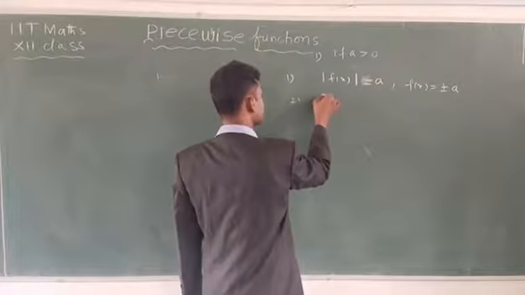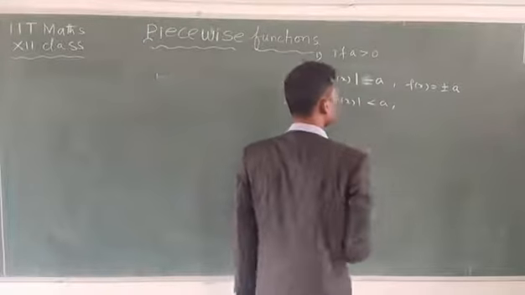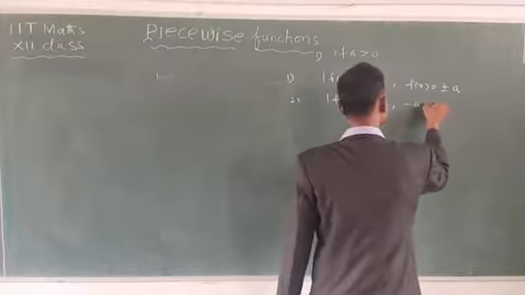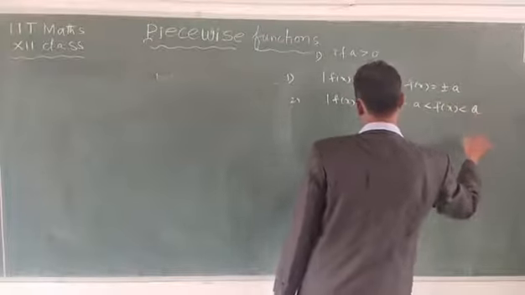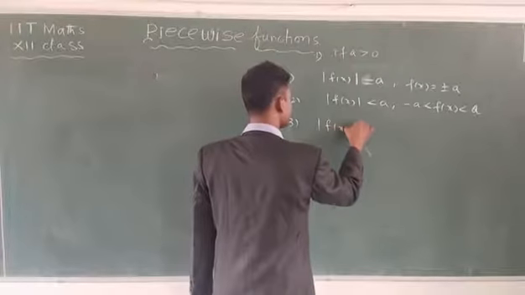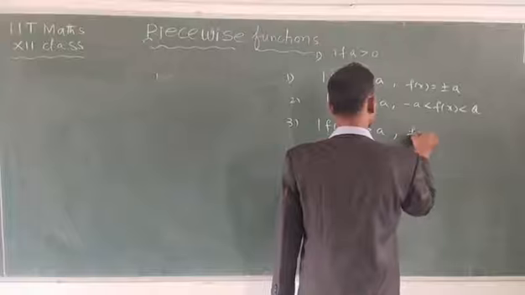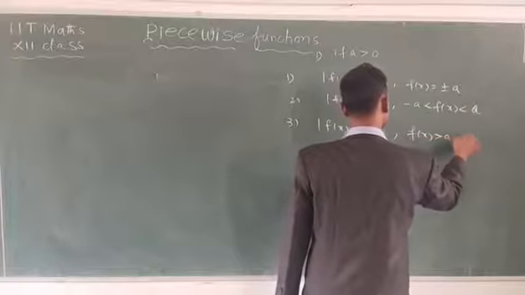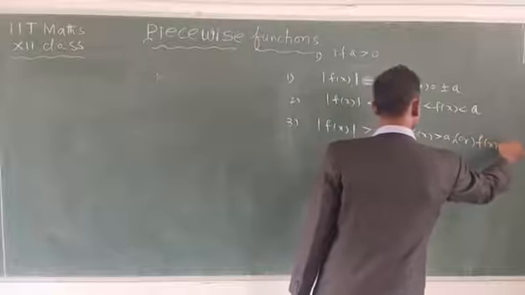Second, modulus of f of x is less than a means minus a is less than f of x is less than plus a. Third, modulus of f of x is greater than a, then f of x is greater than a or f of x is less than minus a.